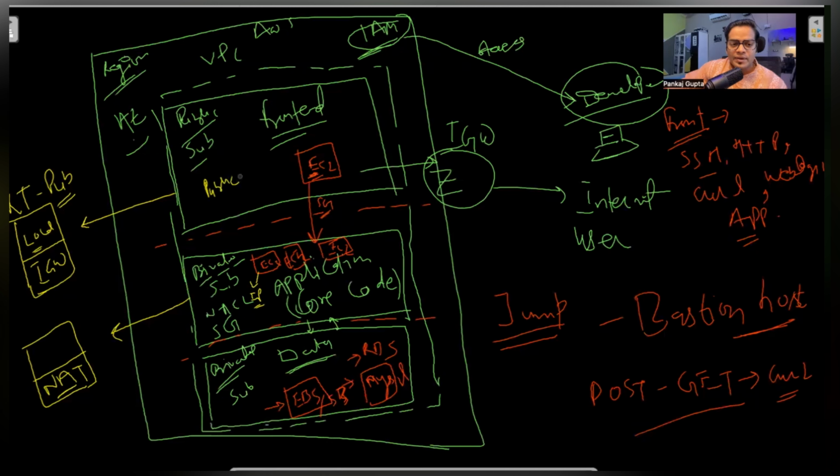We can even create an EIP, elastic IP, to have a static IP, but it is still a public IP. So one more difference: the public subnet has a public IP for obvious reasons, and the private subnet has a private IP only.